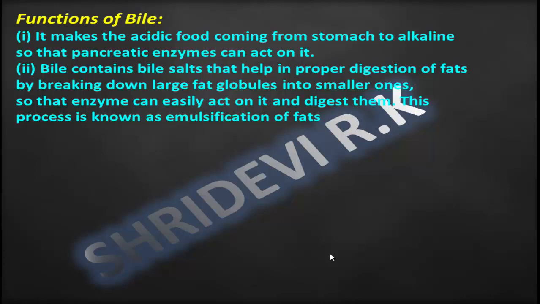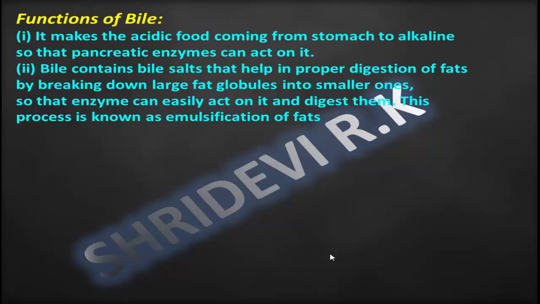Why do the pancreatic enzymes require alkaline medium? Because pancreatic juice secreted from the pancreas is alkaline in nature, and the enzymes are sensitive to the pH, so the pancreatic enzymes require an alkaline environment, which is provided by the bile juice for the food which is coming from stomach.